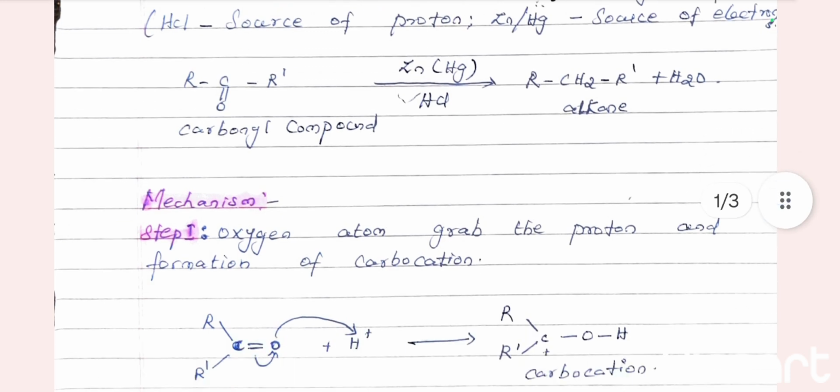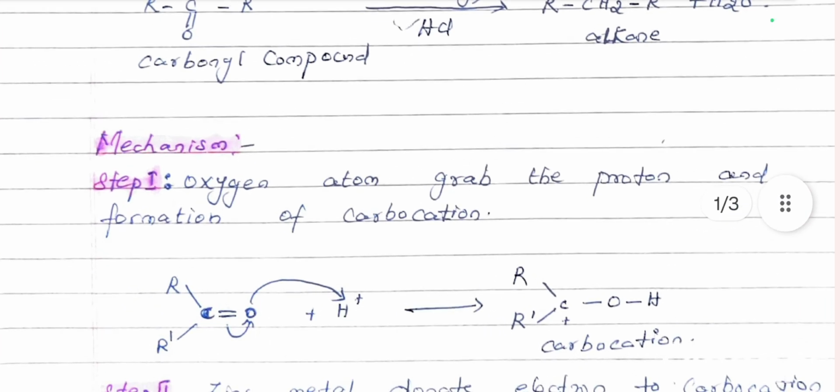In the first step, in the carbonyl compound, the oxygen atom directly bonded to the carbon atom abstracts the proton from the hydrochloric acid, with formation of a carbocation. Here the electromeric effect is produced in a multiple bond compound when it is approached by a reagent.